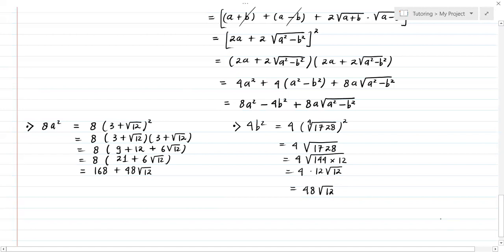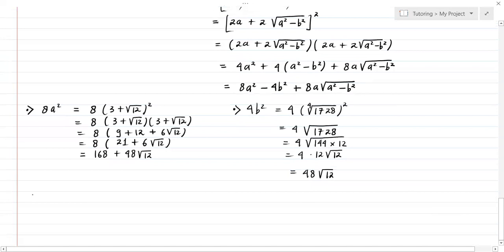Okay, and last we want to calculate the value of 8A multiplied with root of A squared minus B squared.